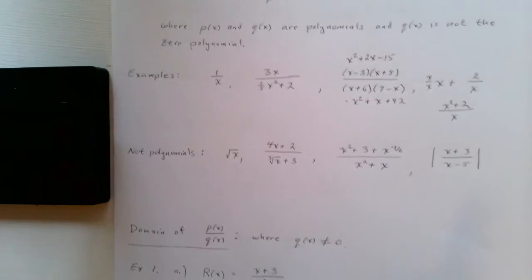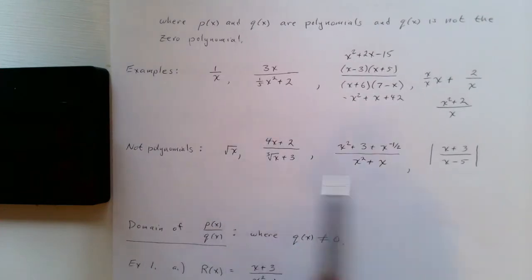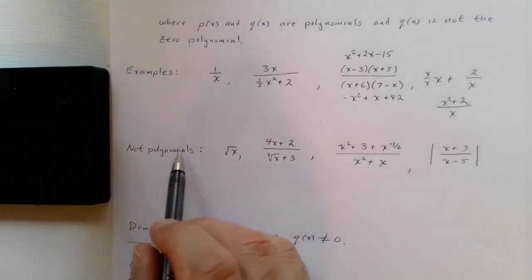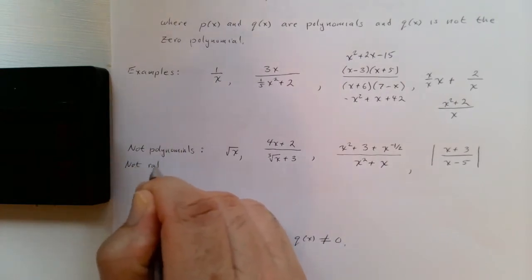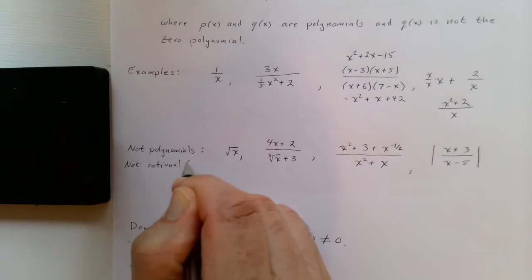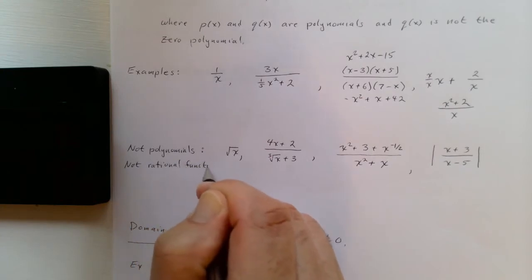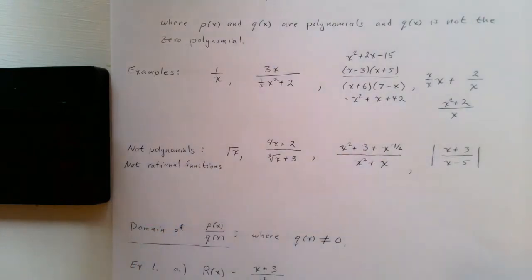So here, the following are not rational functions. I said not polynomials; well, they're not rational functions either. So my bad. Anything with a square root can't be a rational function. Basically, you can't have anything with a fractional exponent.